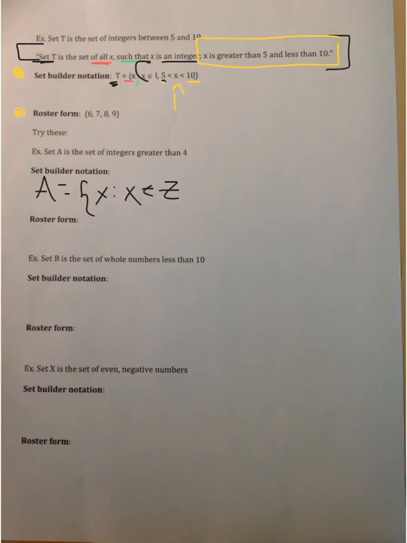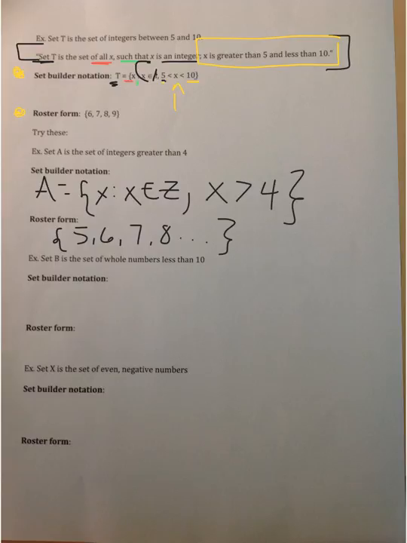Integers are Z, not I. So, comma, integers greater than 4, X is greater than 4. So we have the set of X such that X is an element of integers, and X is greater than 4. So in roster form, it would be 5, 6, 7, 8, ... because we want to show that it's going on forever.